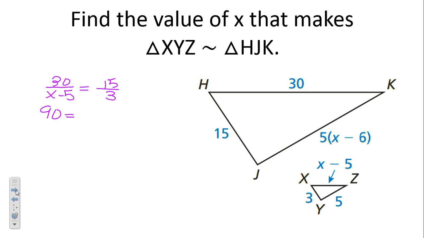Be careful here. Yep, we have to take the 15x minus whatever 15 times 5 is. And that's what, 75? Because 15 has to be distributed to both of those. Add 75 to both sides.